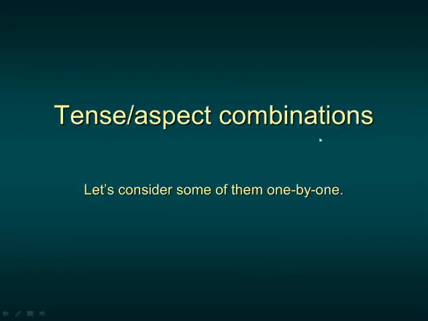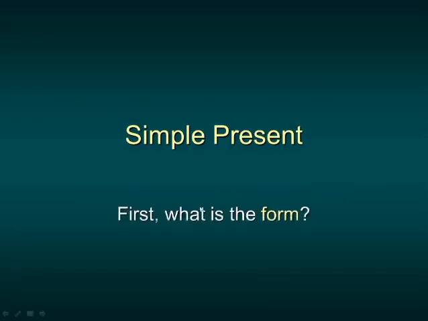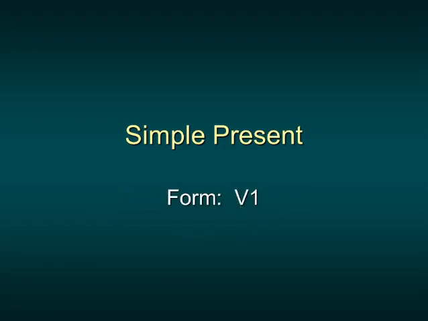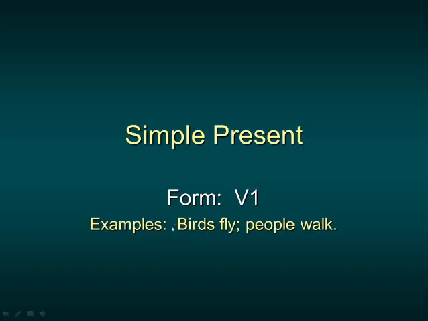Tense aspect combinations: let's consider some of them one by one. Simple present. First, what is the form? Birds fly, people walk. You see here in simple present, the subject is plural: birds, not bird. There are many birds. Birds fly, people walk.